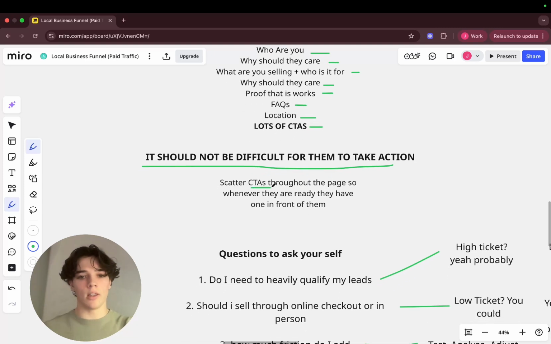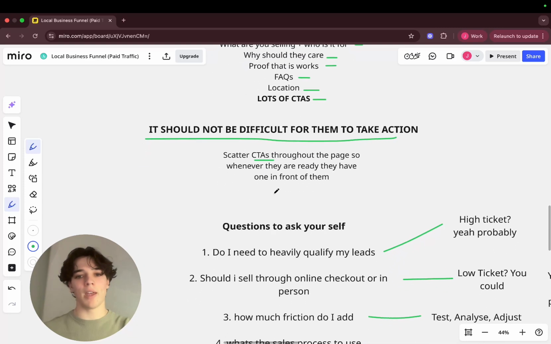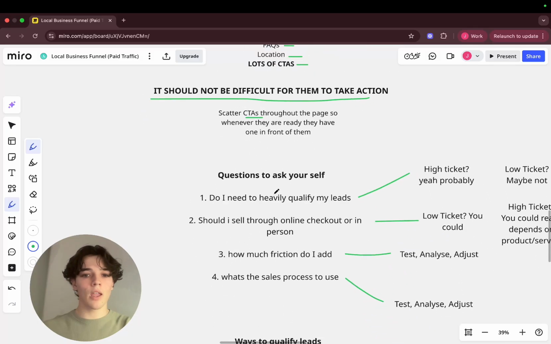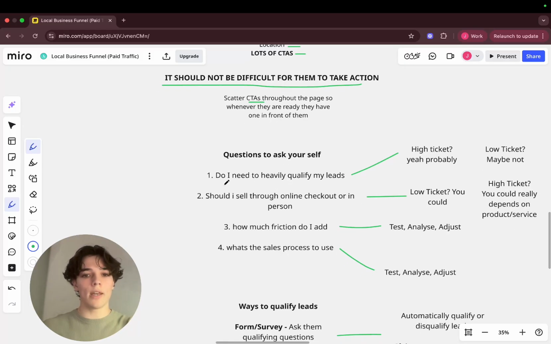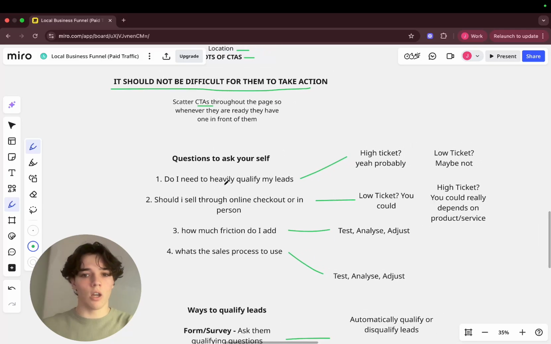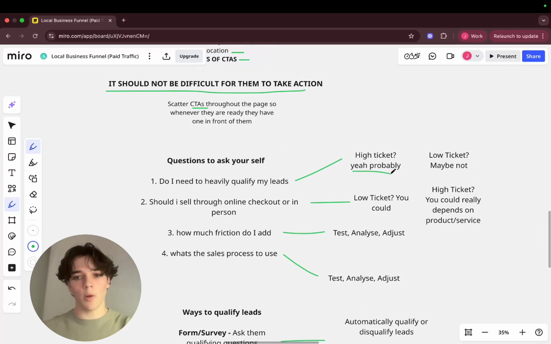So obviously, like I said, scatter those CTAs throughout the page so they have them ready whenever they're ready. And some questions to ask yourself when doing this sales page: do I need to heavily qualify my leads? High ticket, probably. Low ticket, maybe not. Free, probably yes.